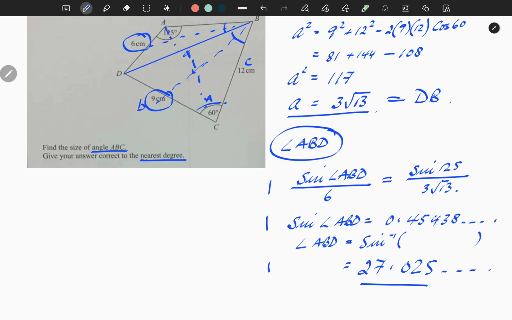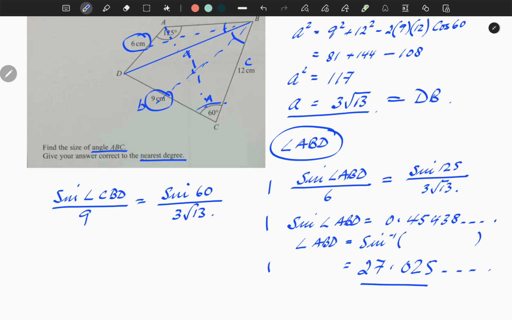Using the sine rule a second time, we get sine of angle CBD over 9 equals sine of 60, again divided by 3 root 13.